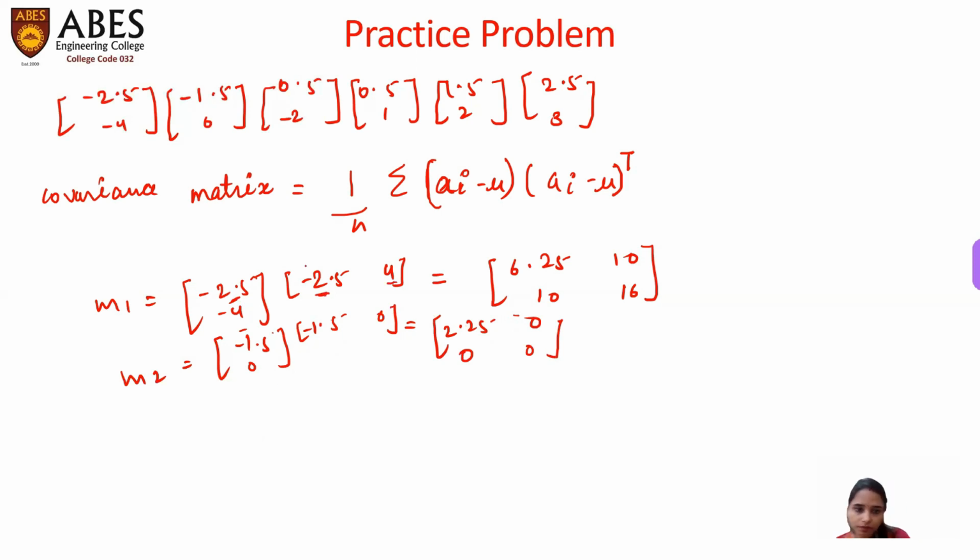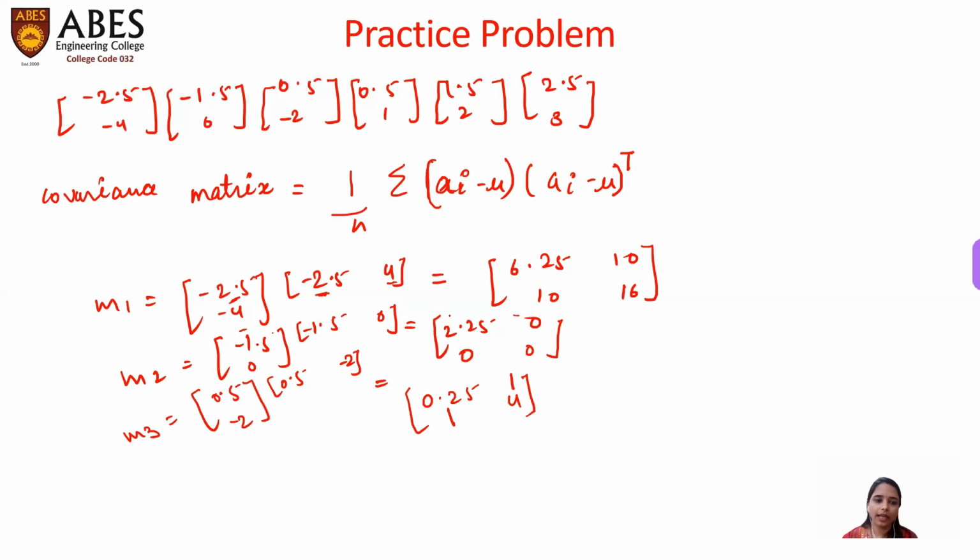And for M3, minus 0.5 and minus 2 times minus 0.5 and minus 2: 0.5 times 0.5 equals 0.25. Then minus 2 with minus 0.5 is 1, minus 0.5 with minus 2 is 1, and minus 2 with minus 2 is 4.